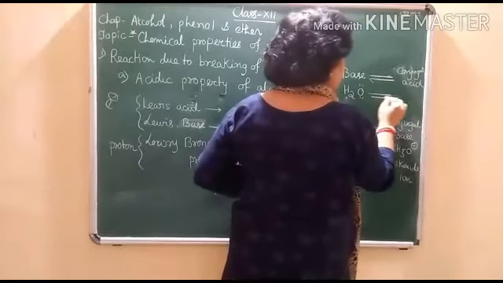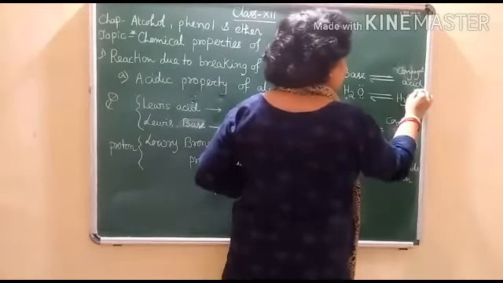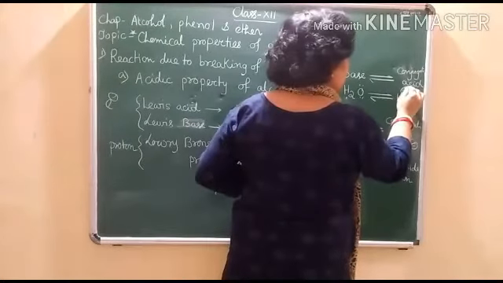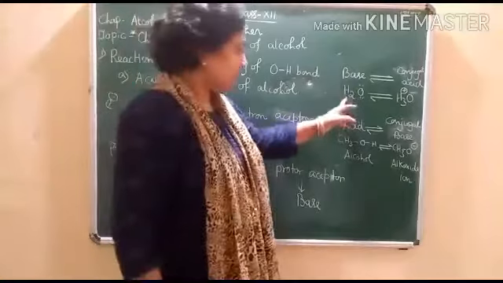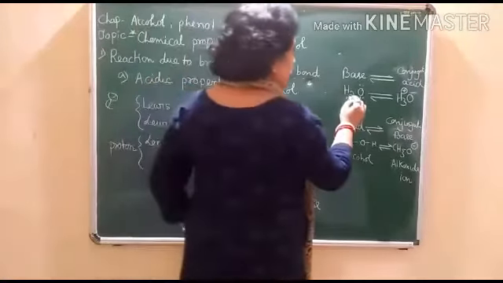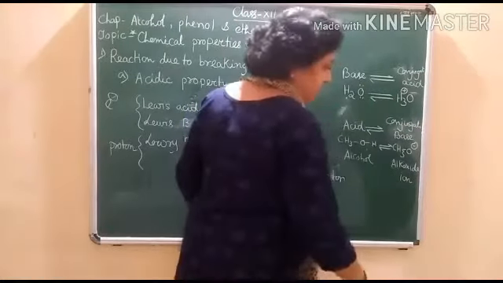So after reaction you will see that there is formation of H3O plus. So this one is hydronium ion. In the beginning it was base and after the reaction it became conjugate acid.